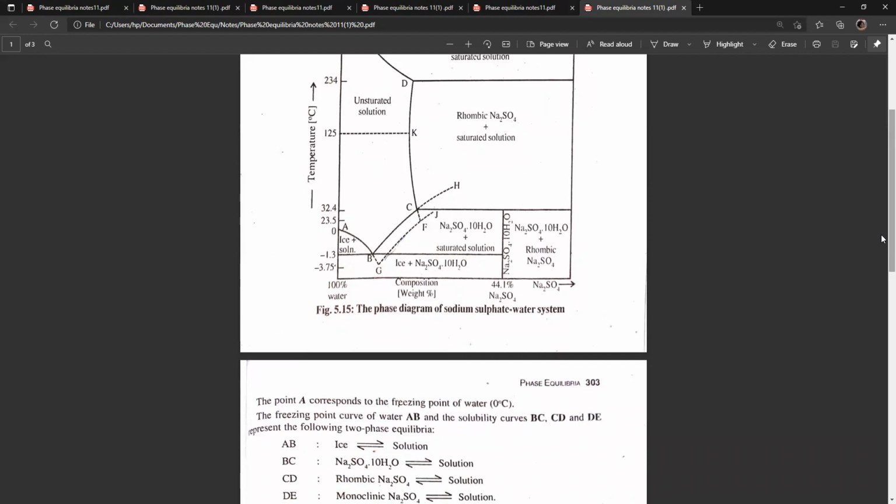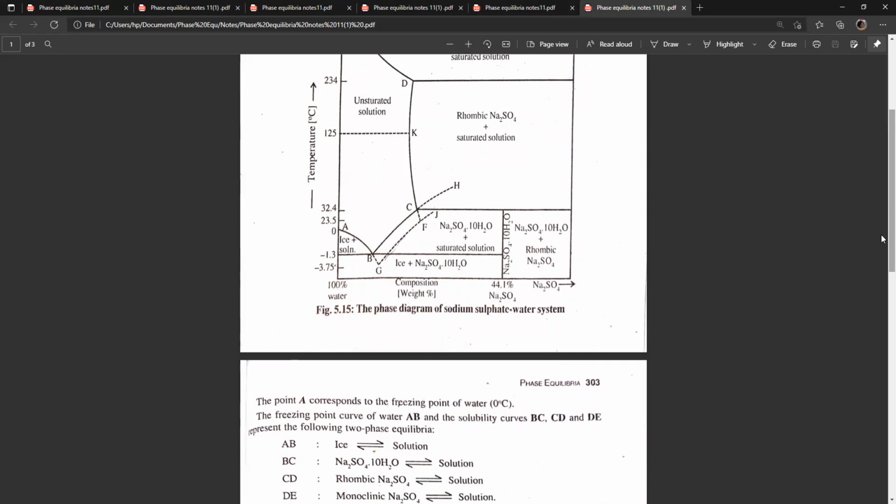Along the curve AB, ice is in equilibrium with the solution, and B is the eutectic point. Here the new solid phase Na2SO4·10H2O begins to separate, and along BC, Na2SO4·10H2O is in equilibrium with the solution.